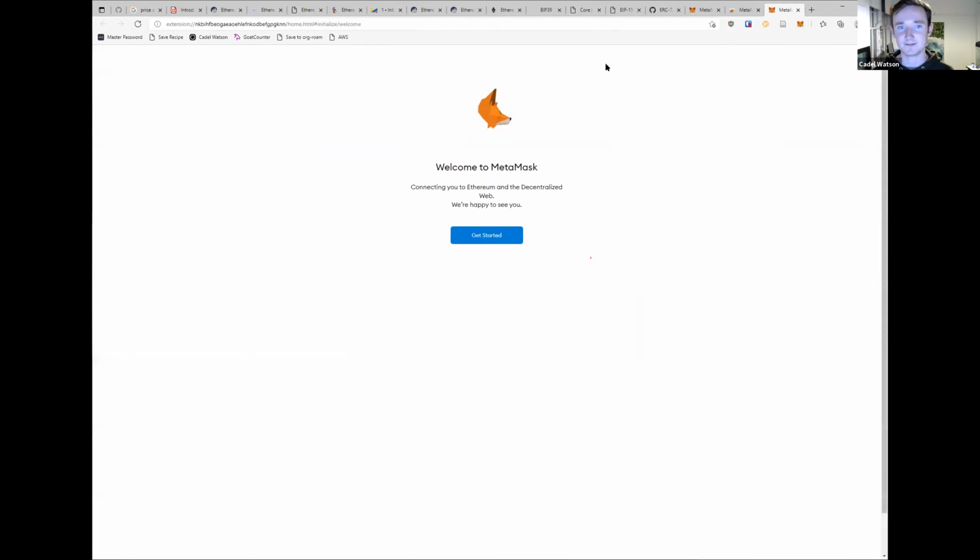Okay, so you'll see MetaMask, and this page should open as well. So once you've got it working, just type in the chat once you've got this installed, and then we'll go through together how to set it up.